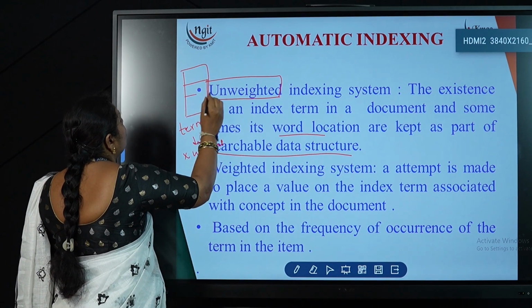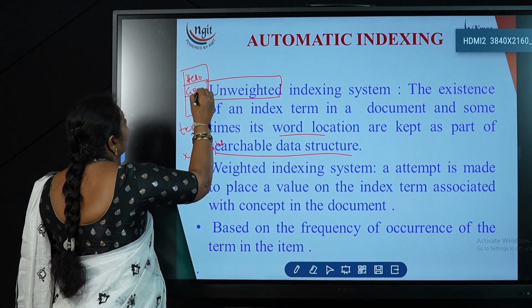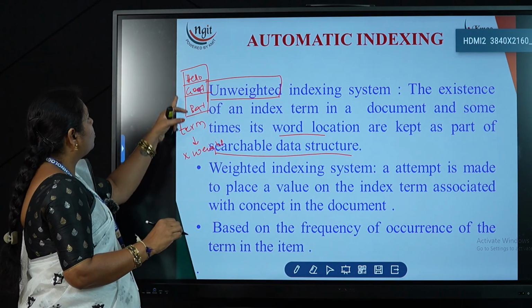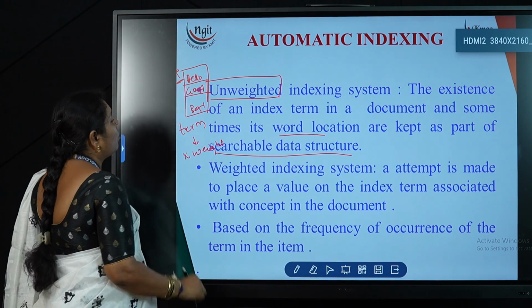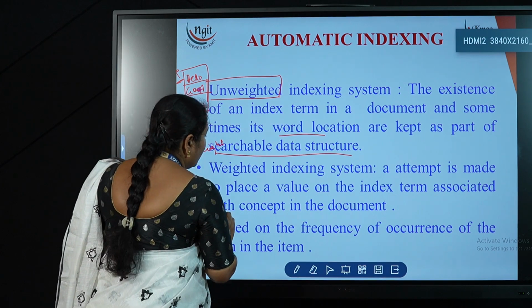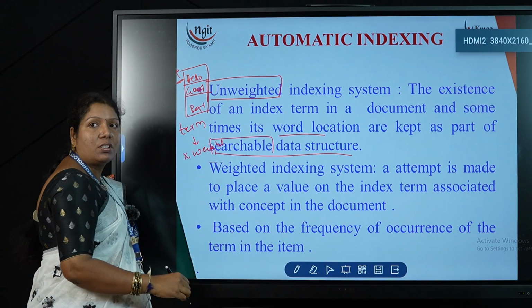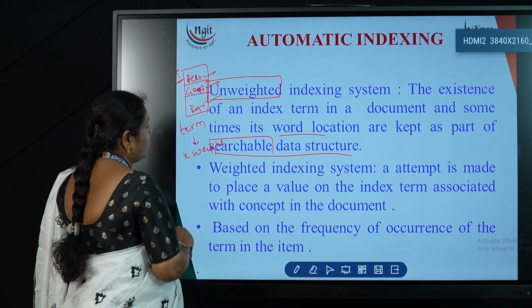Simply understand that whatever words you have, hello, okay, good or bad, in this you don't have any link or any index term. You store them directly in this particular data structure, and with the help of the searchable data structure, remember this point, searchable means you can search all the elements in the given data structure.